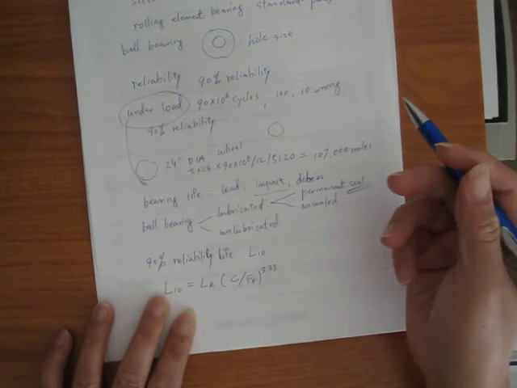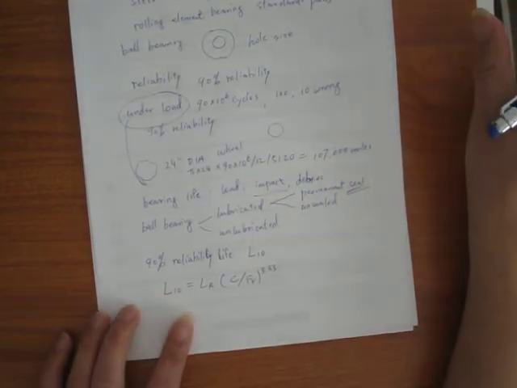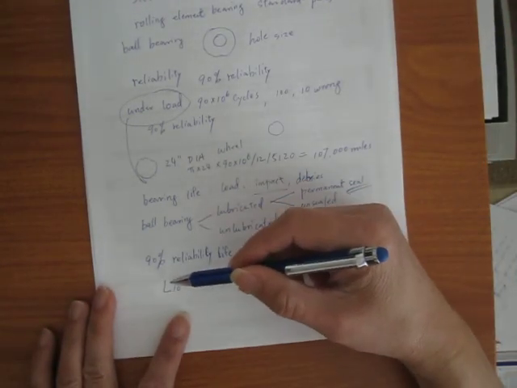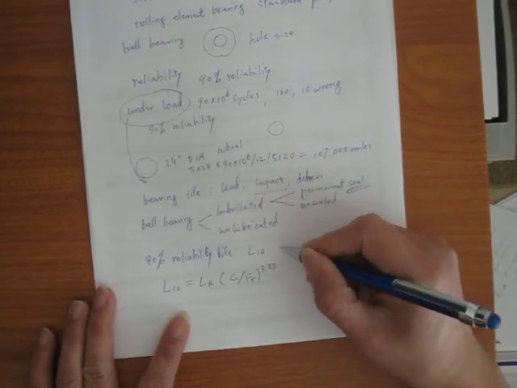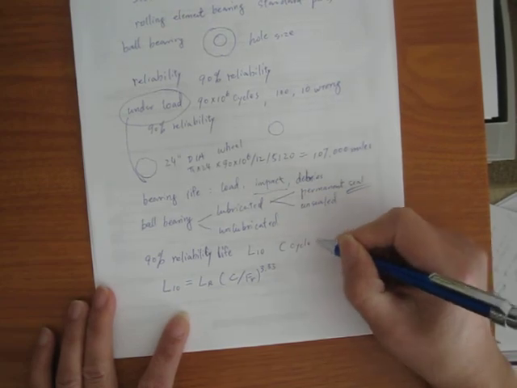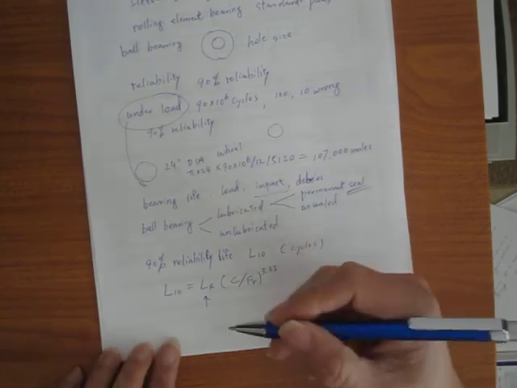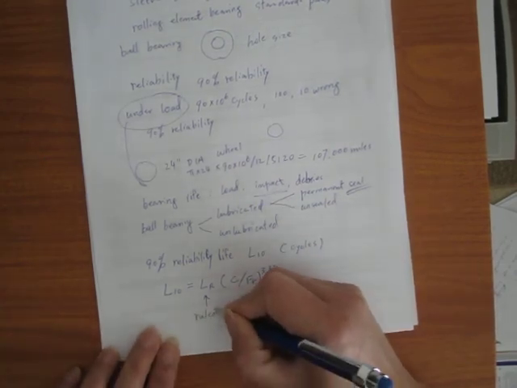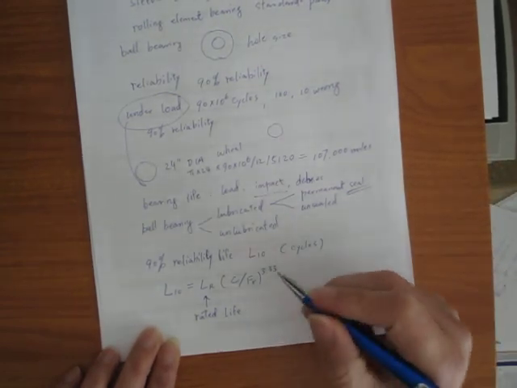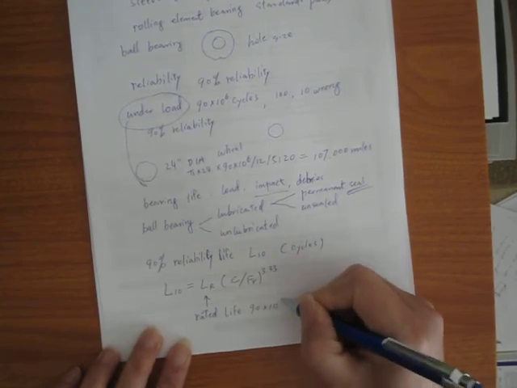Certainly, L10 is the 90% reliability life. That means a bearing has a 90% chance to survive for this long life, this many cycles. This life has a unit of cycles, how many rotations you're going to have. LR is the rated life, which is actually a constant. For many situations, we just use 90 times 10 to 6.